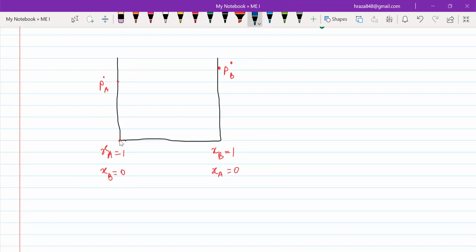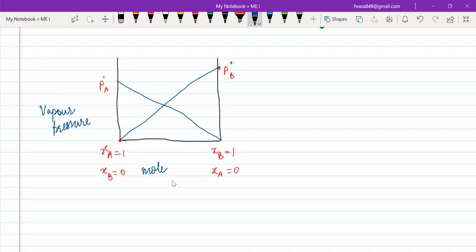Now, since they are directly proportional to each other, we just did this. Basically the graph is between vapor pressure versus mole fraction. Vapor pressure versus mole fraction.